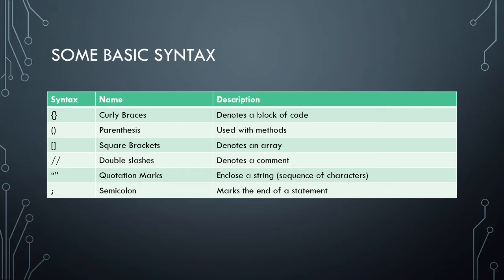It's not going to be read by the computer at all. After that, we have the quotation marks, which enclose a string, or a sequence of characters. And then we have the quintessential semicolon. You need to have a semicolon at the end of every single statement that you write within Java, otherwise your statement would be incorrect. It wouldn't be read by the compiler.